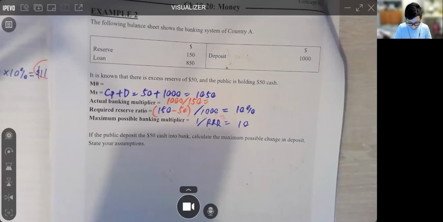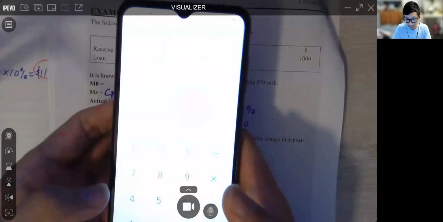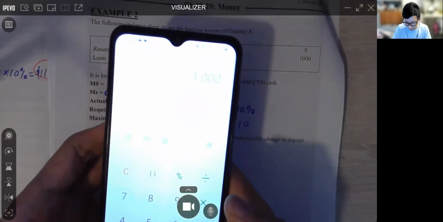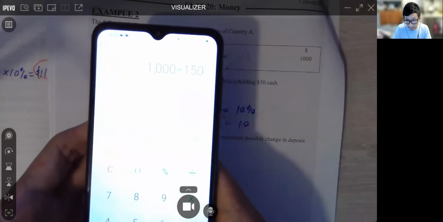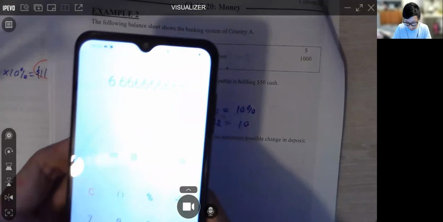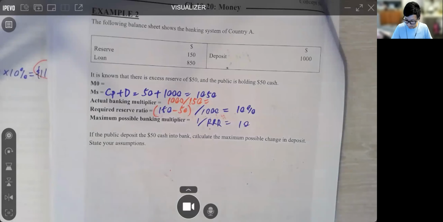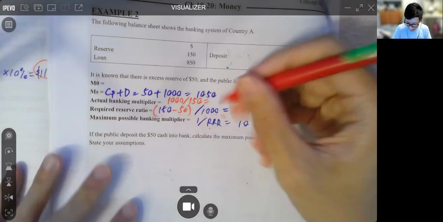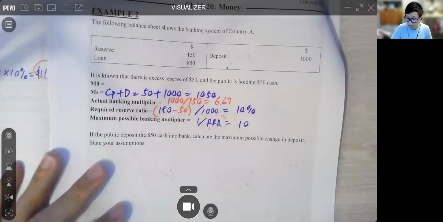Let me check real quick. 1000 divided by 150, it would be 6.67.